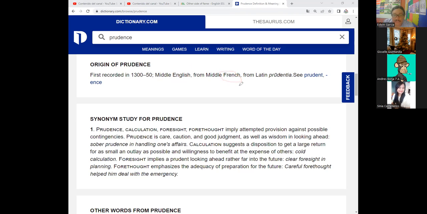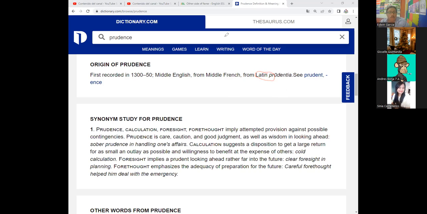And at the same time, French took this word from Latin. And this is the word in Latin. Okay, if we take a look, for example, at the writing in Spanish, in English, and in French, this word is the same, because for all these languages the origin goes to Latin.